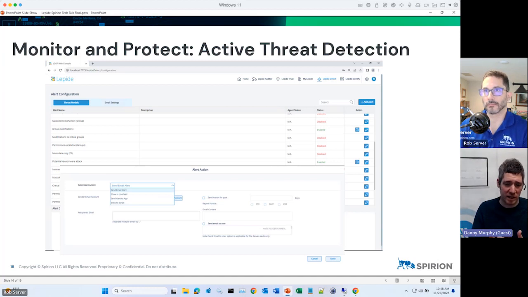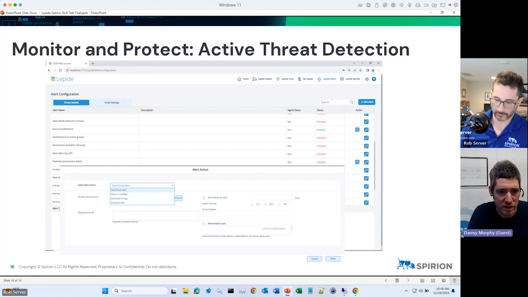So disabling a network adapter, disabling a user account, we could even initiate a script to shut the server down, just isolating that once we've identified that particular threat in real time. So we can look at typical characteristics. As I say, we've got a ton of these built into the solution, and we can just enable them. We can customize and build these ourselves as well. Just go to the next slide, Rob, please.